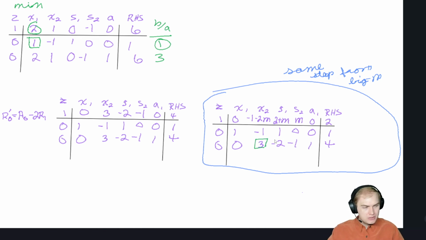That may not always be true. The pivots may not always line up between the two methods, and you may not end up with the same initial feasible solution. But if the LP is feasible, both of these methods should terminate in a feasible basis.